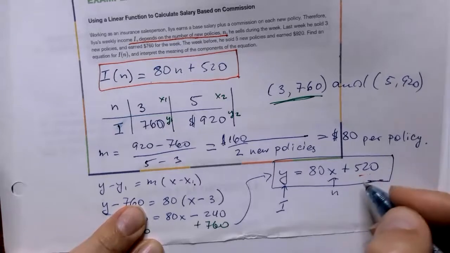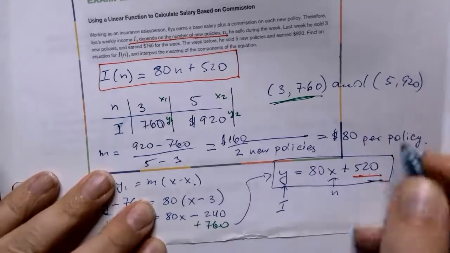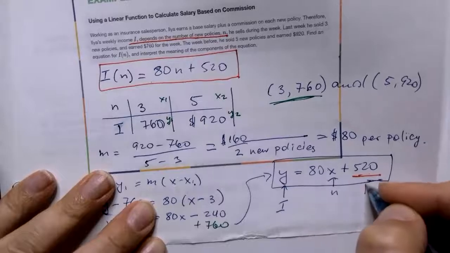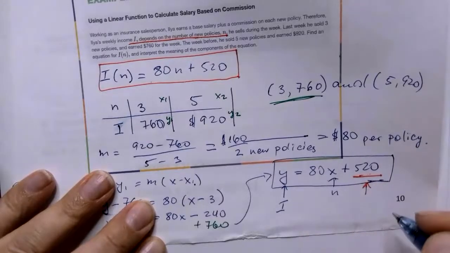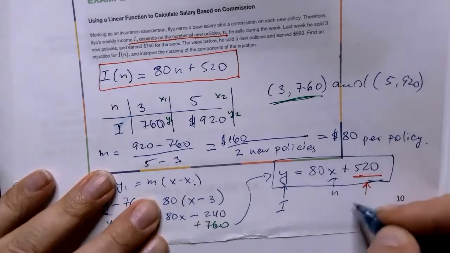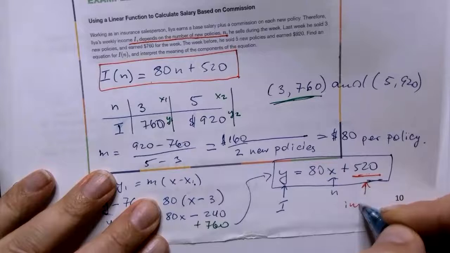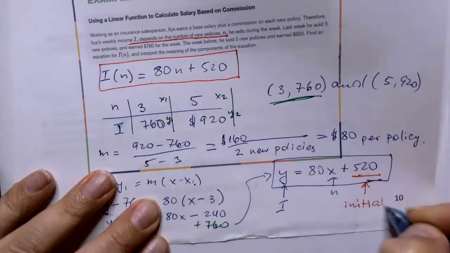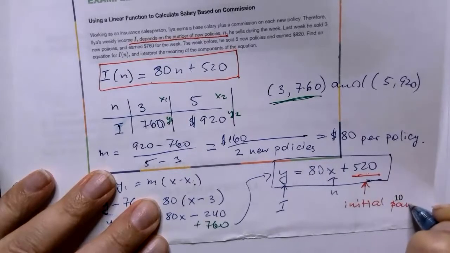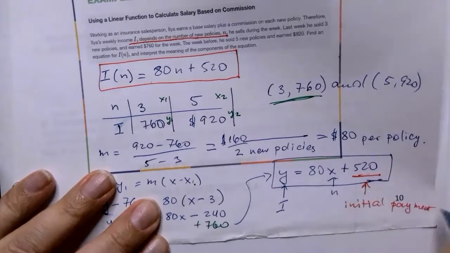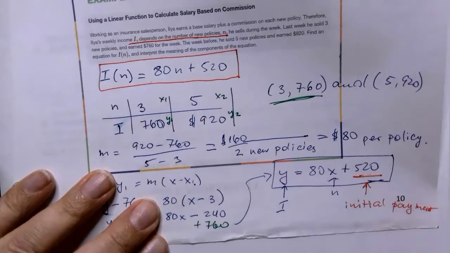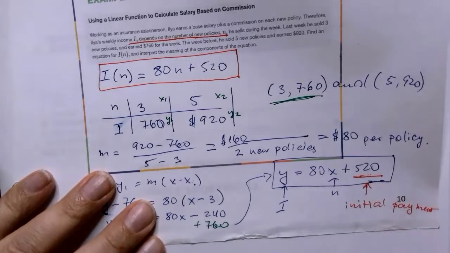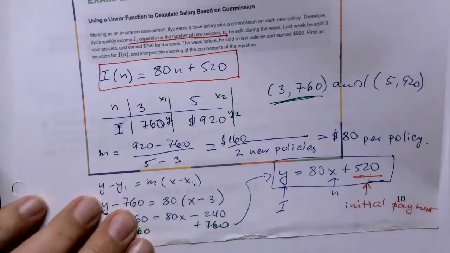So if he makes 0 policies, this is what he will get anyway. So this is the initial payment, or salary, which does not depend on the policies that he sells. That's the money he gets no matter what.